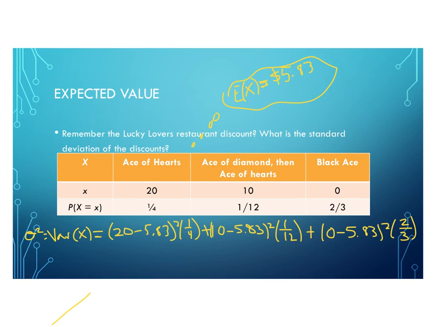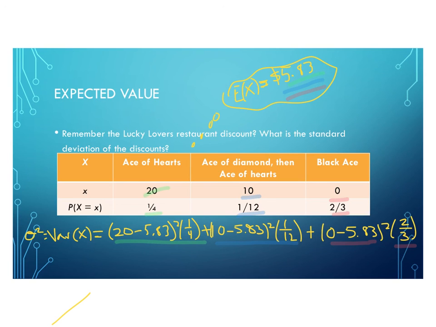So notice that we had our 20 minus the expected value times its probability here. We had 10 minus the expected value, squared, times its probability here. And we had 0 minus 5.83 times the probability 2/3. Don't forget to square the 0 minus 5.83.